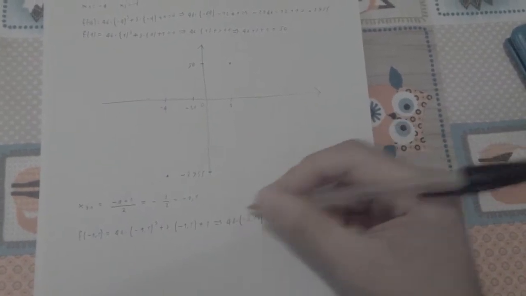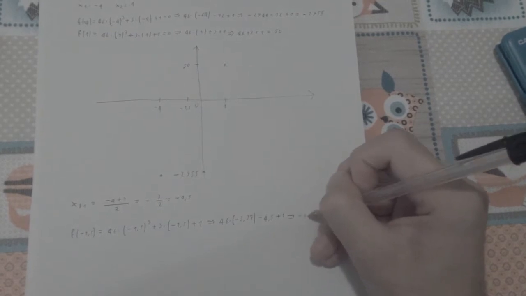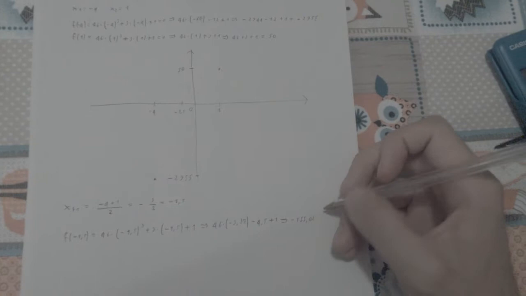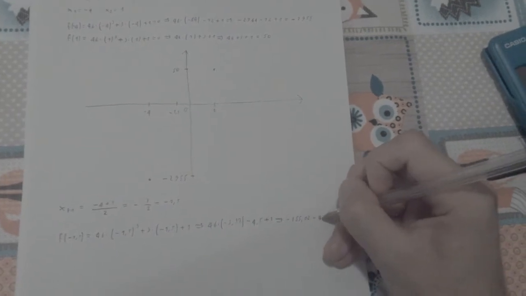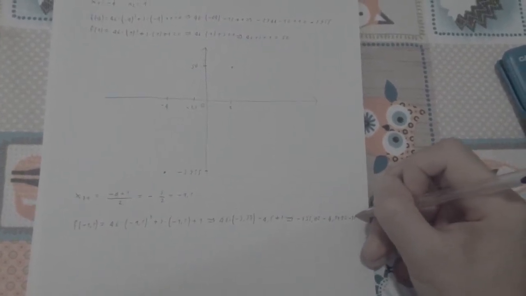Well, 46 times 3.37 is negative 155.02, minus 4.5 plus 1. This is negative 158.52.